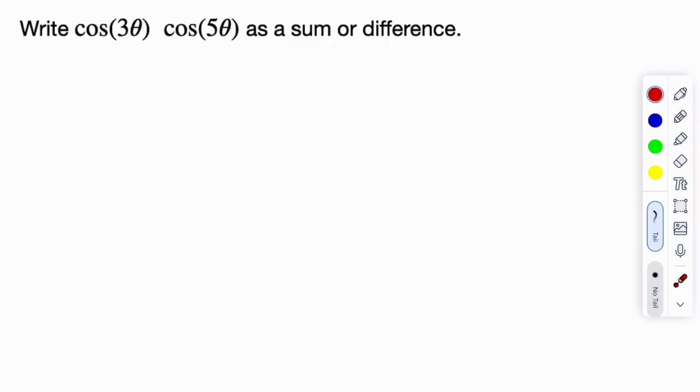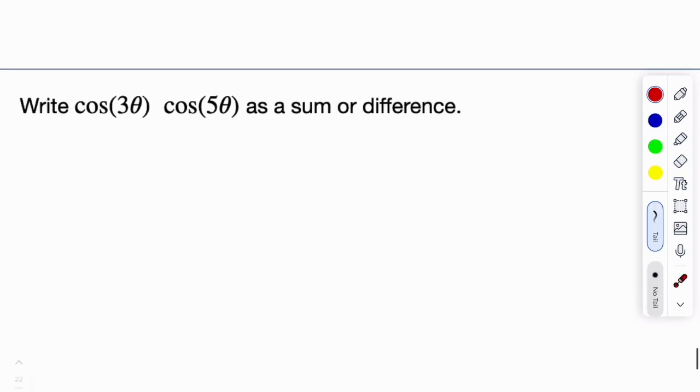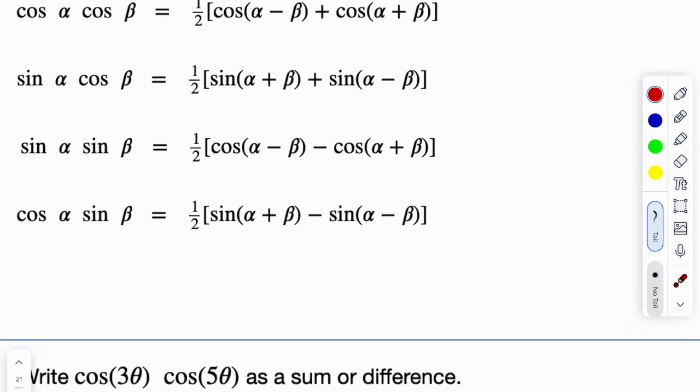Over here it says write cos 3 theta times cos 5 theta as a sum or difference. How do we go about doing this? Well, cos alpha, cos beta. That's what we've got here.